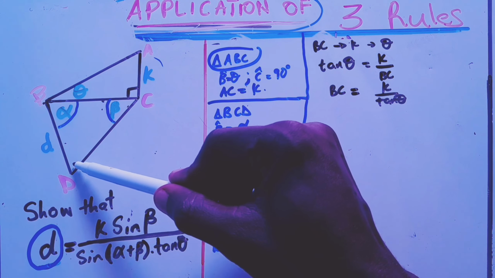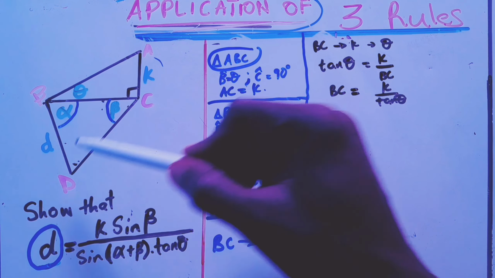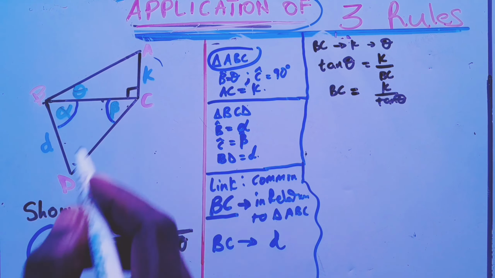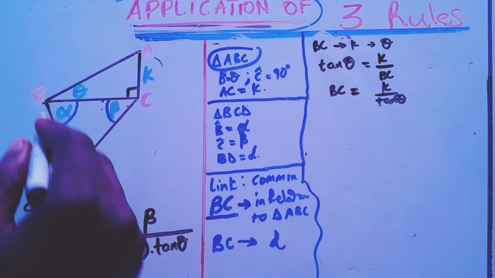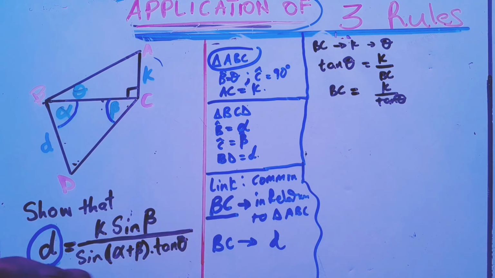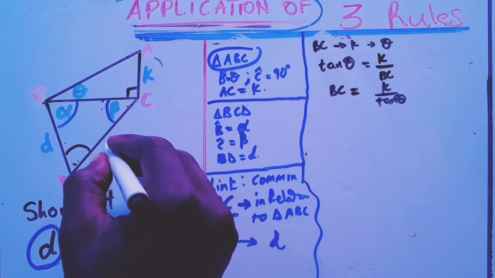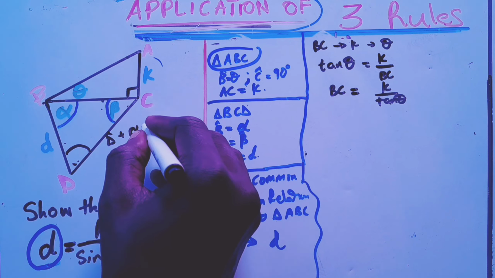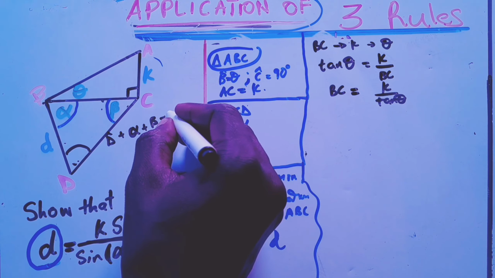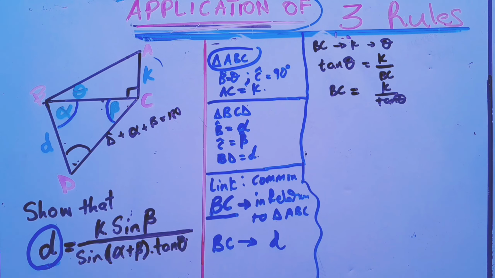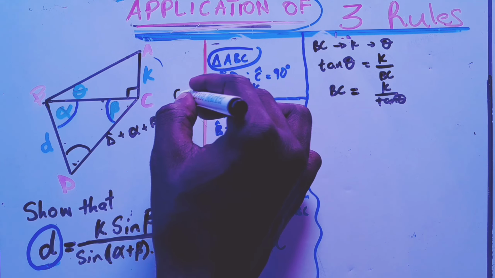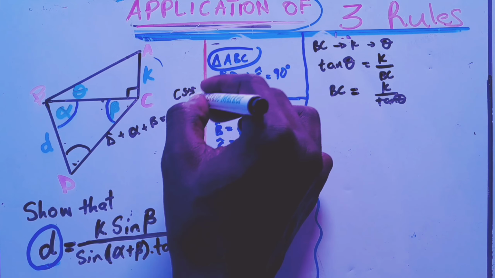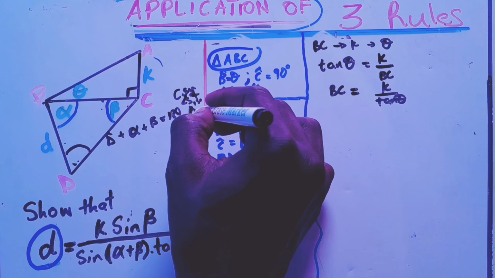It should be related to this angle. But you can find the value of this angle because this is a what? We're given all the angles that are there except for this. So we know that our D plus our alpha plus our beta is equals to 180, right? Because these are sum of angles in a triangle.